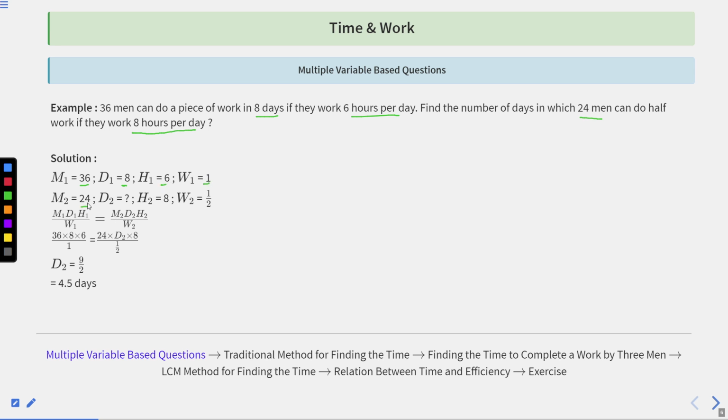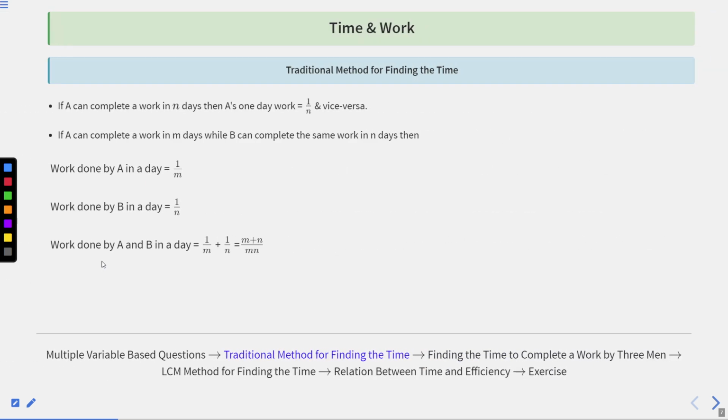M2 equal to 24 in the second case, D2 is unknown, H2 is 8 and we want half work, so W2 will be 1 by 2. Now the relation that we studied was M1 D1 H1 upon W1 equal to M2 D2 H2 upon W2. That means 36 times 8 times 6 upon 1 equal to 24 times D2 times 8 upon 1 upon 2. When you simplify this, you will get 9 upon 2, that means 4.5 days.